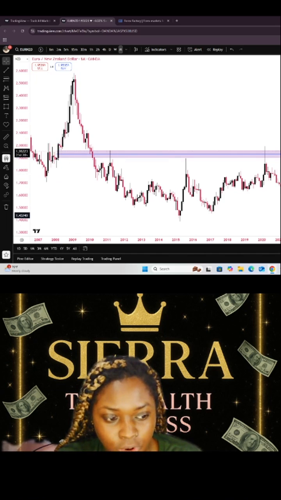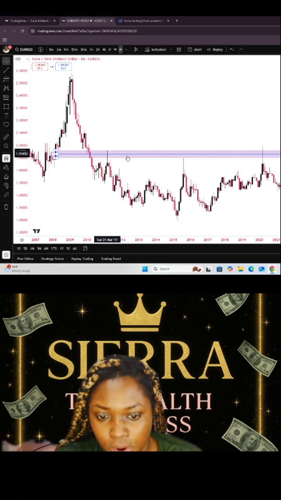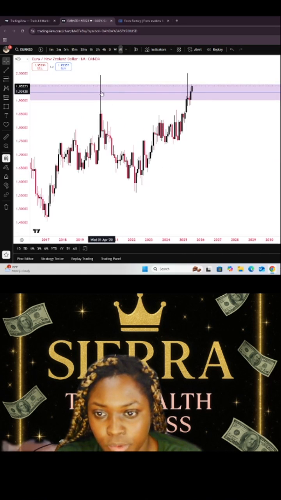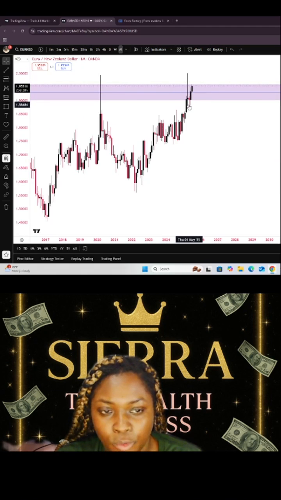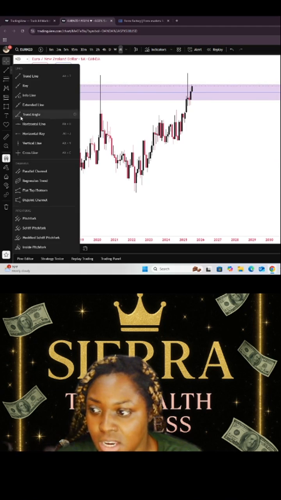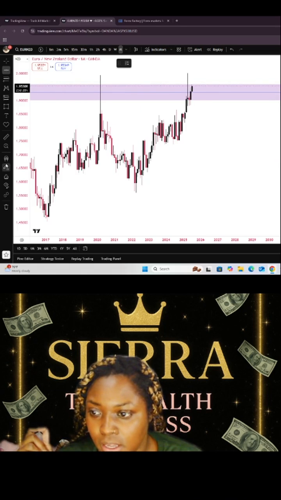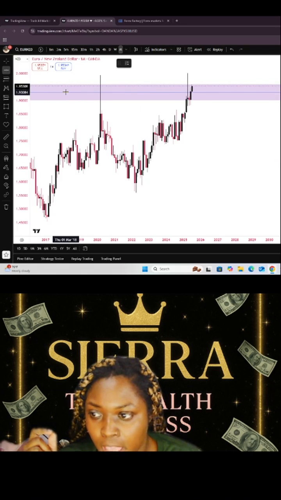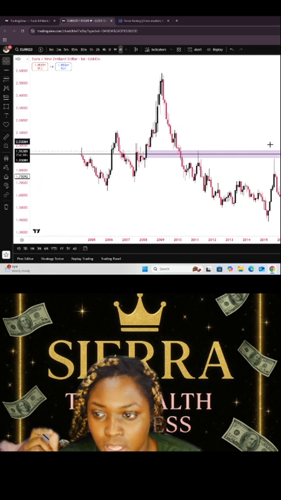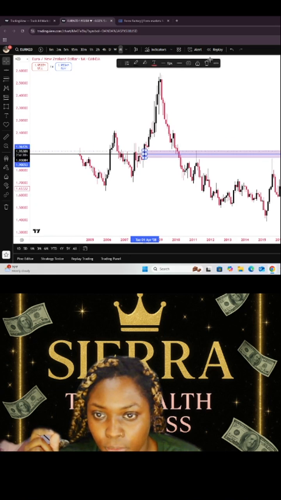And once I draw that, we see we have 1 rejection, 2 rejection, and our current where price is at rejection. So this is a significant area in price. Now, me personally, I'm just going to take a horizontal line and put it on top of that 50%. And then I'm going to delete my rectangle box.